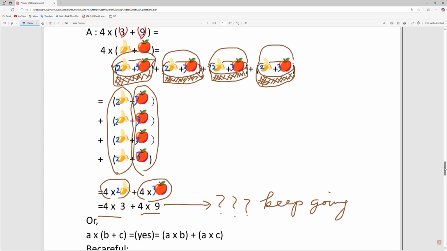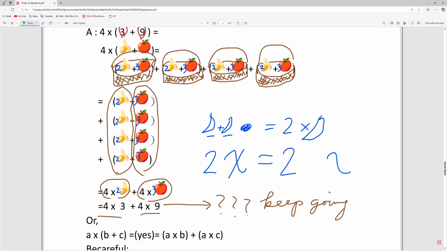So 2 bananas means banana plus banana. When you have the same thing added together, you say 2 times, right? So when you see 2x, do you see any operation between 2 and the x? What's the operation between 2 and the x? It's always multiplication.